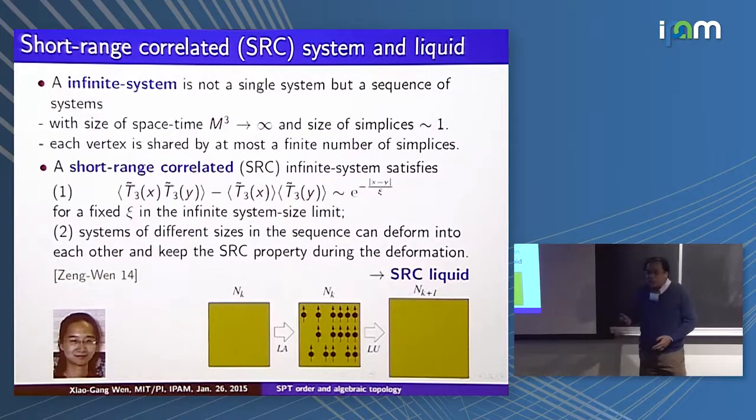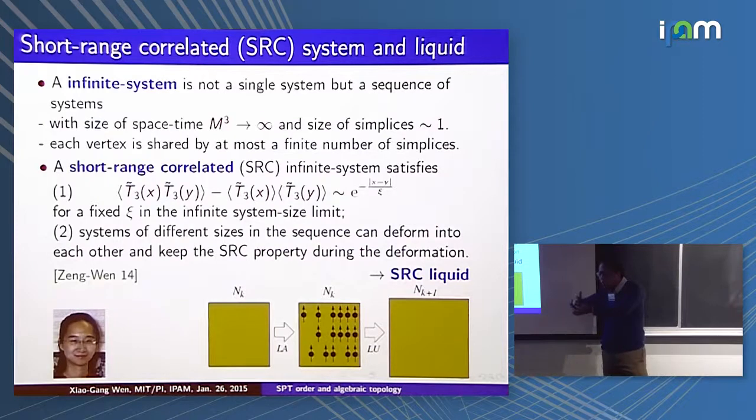So there's another condition that all the systems in the sequence should be related. They should be similar. Because systems in the sequence have different sizes, we can always add extra degrees of freedom which are frozen.